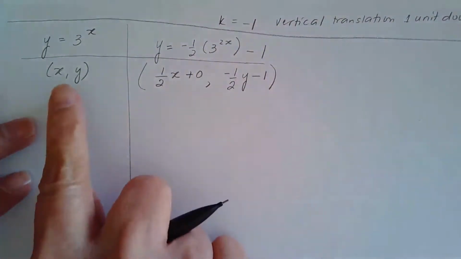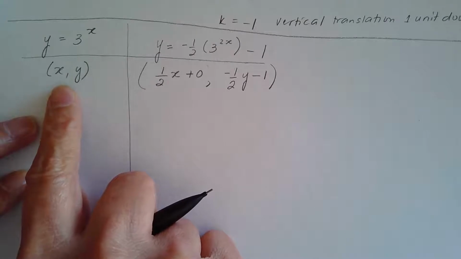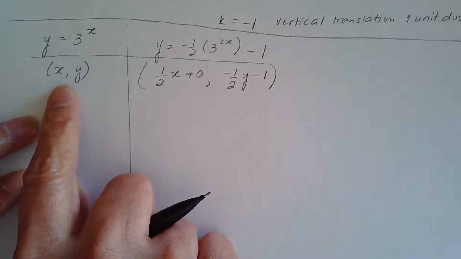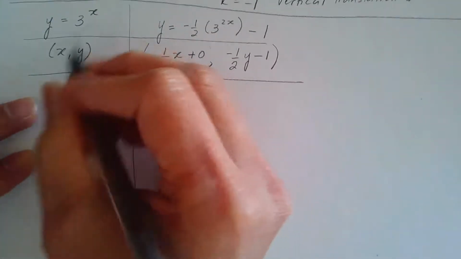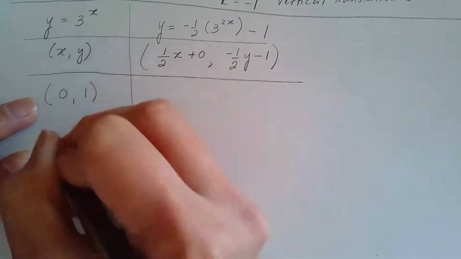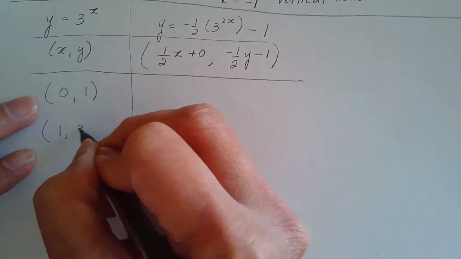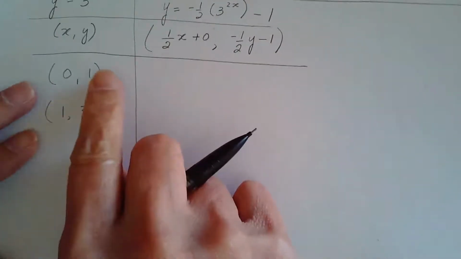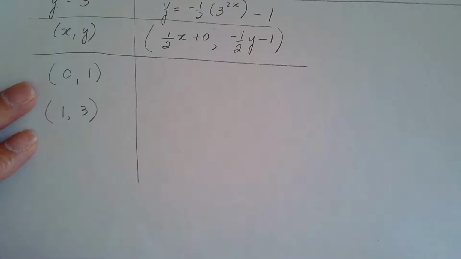Okay, so let's take a look at some key points. The key points for the basic graph would be (0, 1) and (1, 3), where 3 is the base. So we can use these 2 key points for the mapping.